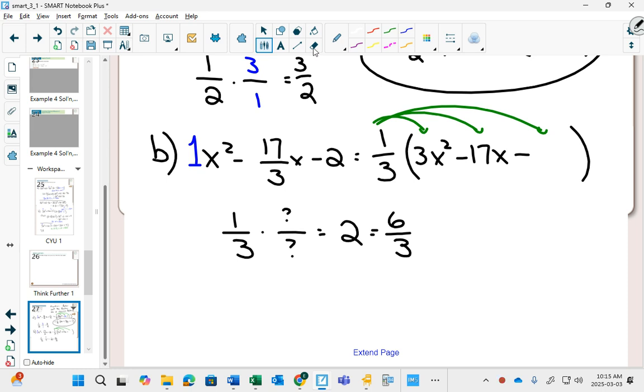Does that help you see that I could put a 1 here? And does it help you see what number has to go on the top? 6. So this is going to be minus 6. And then double check, is 1/3 times 6 a 2? Yes.